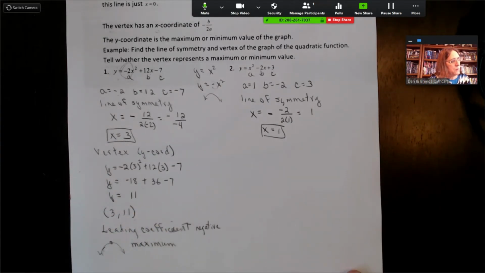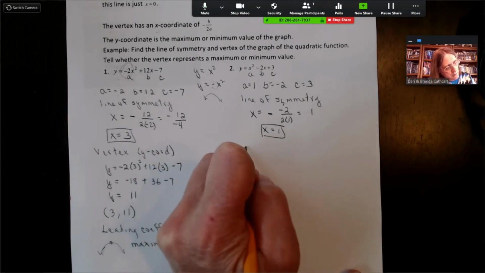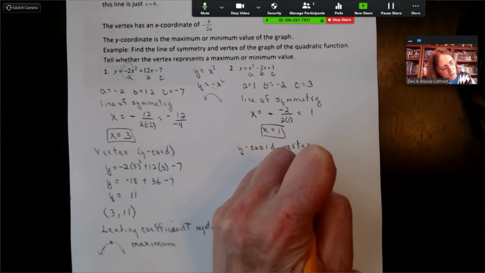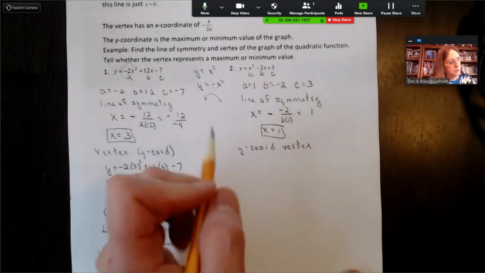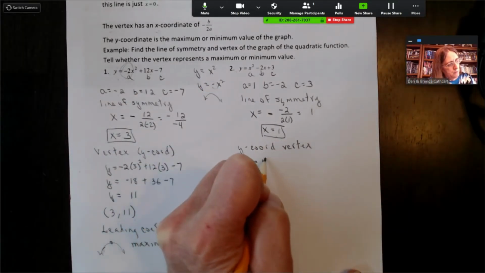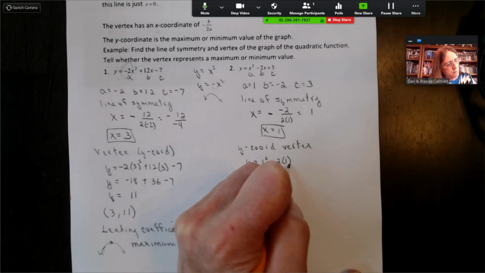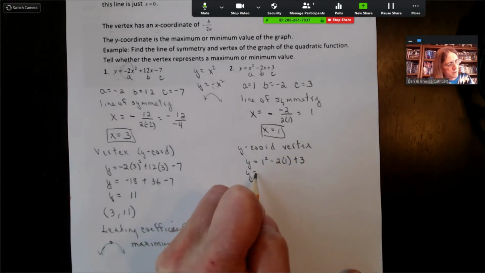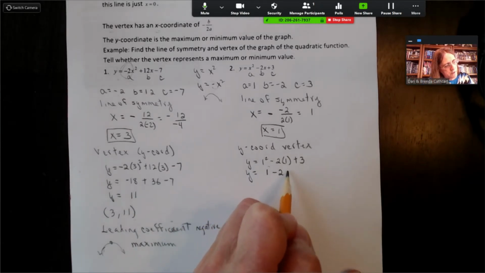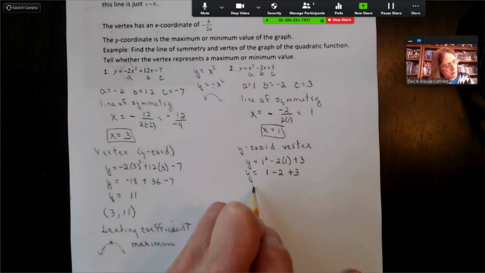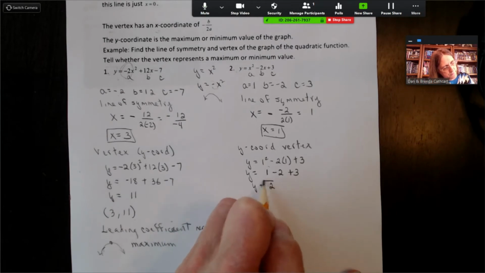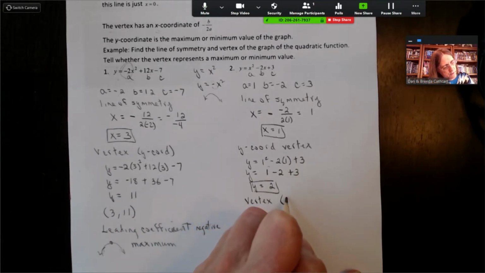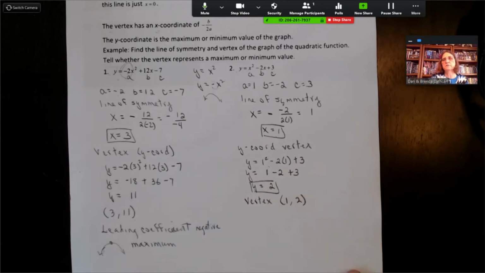Now to find the y coordinate of the vertex, I'm going to use x equals 1 in our equation. So y equals 1 squared minus 2 times 1 plus 3. So y is going to equal 1 minus 2 plus 3, which is 2. So our vertex is the ordered pair 1, 2.